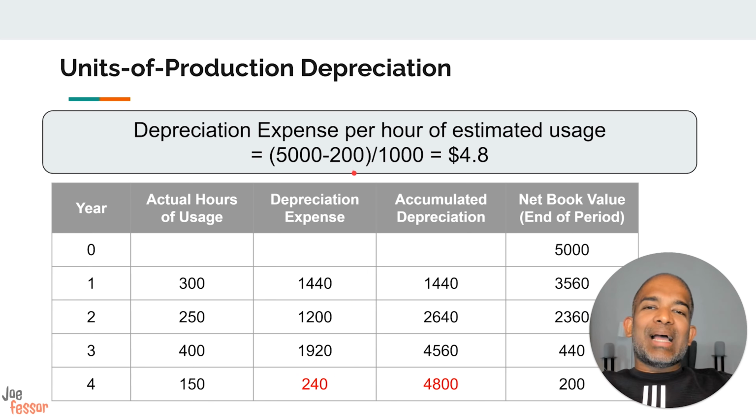In fact, we would have to end up with a net book value at the end of year 4 of exactly $200 because that was the estimated residual or salvage value at the beginning. So the correct amount of depreciation expense that would lead to a residual value of $200 is $240. So if we use the depreciation of $240 for year 4, that brings the overall accumulated depreciation to $4,800 and a residual value of $200.